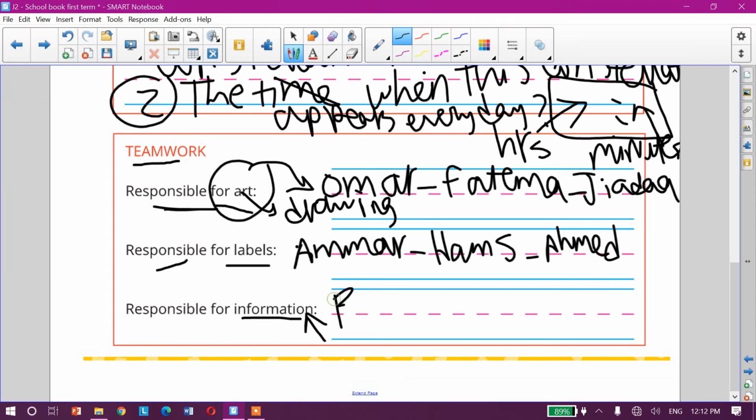Bara, Iyad. For example, you will write here next to each question: responsible for art, who will draw. Omar, Fatima, or Jaide will draw the shape, and labels the right data or label: Ammar, Hams, Ahmed, and so on. Who will get your information?